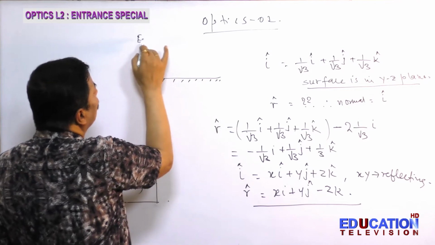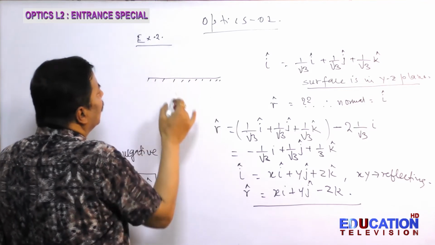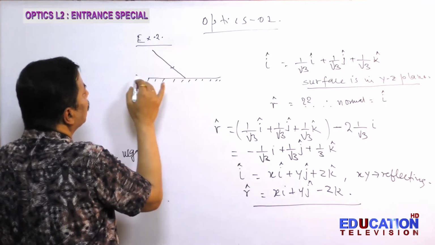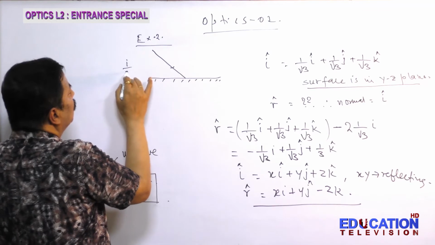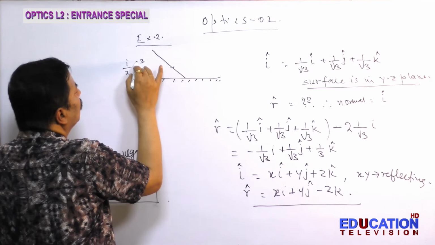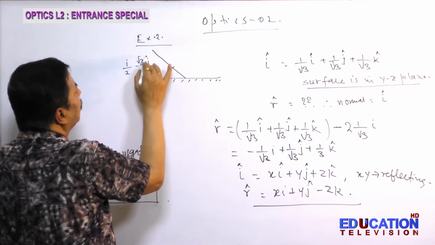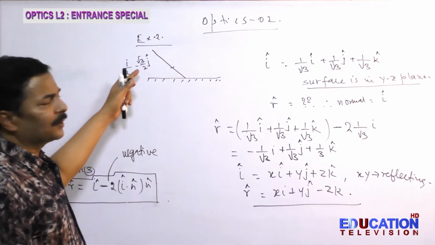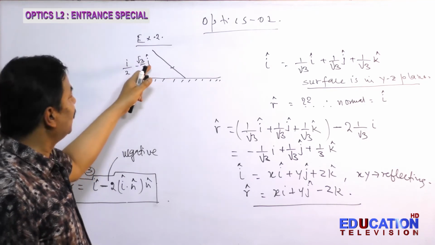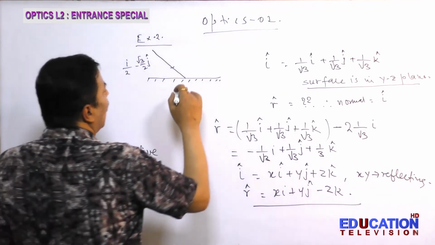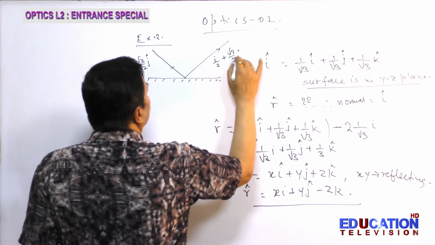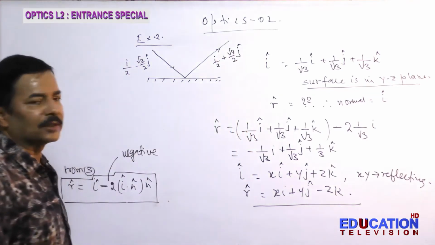The incident ray is along the vector i by 2 minus root 3 by 2 j, and the reflected ray is along this vector.